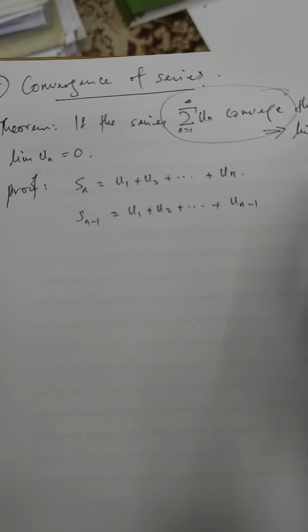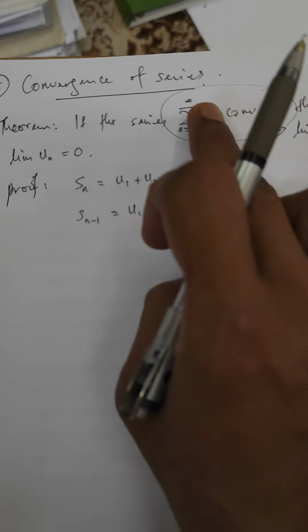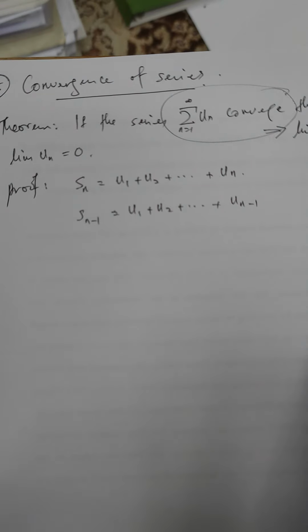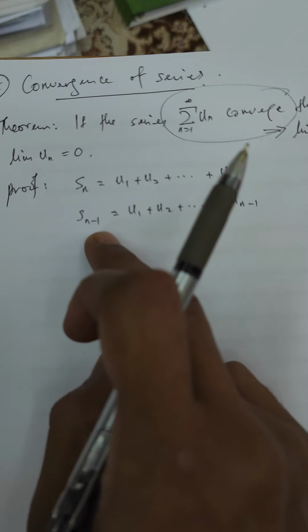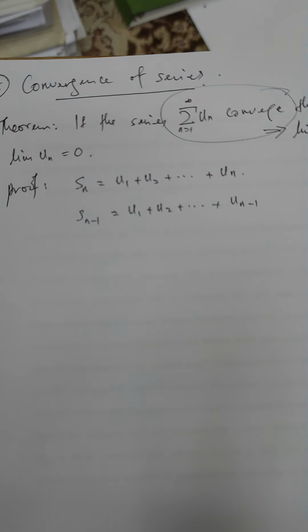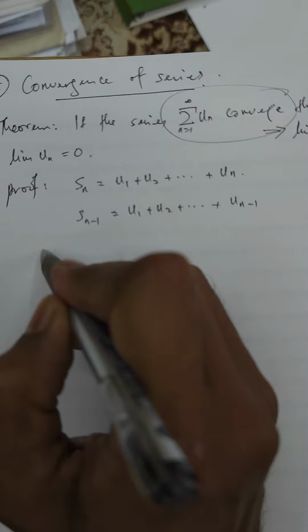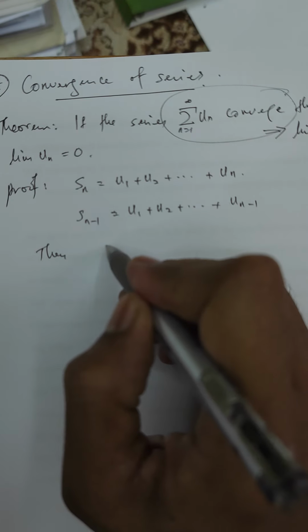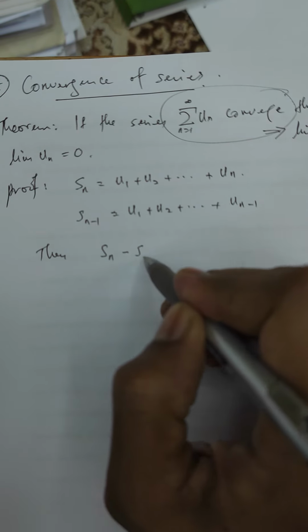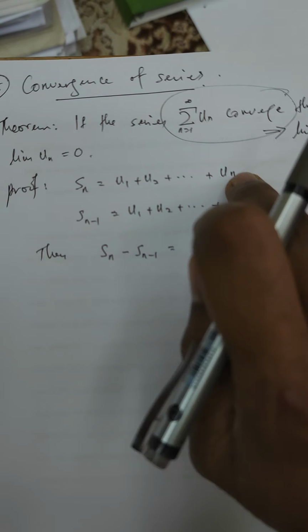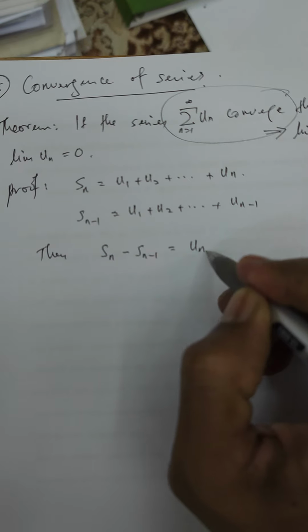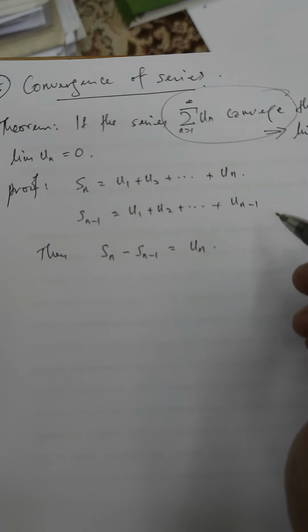If you subtract these two partial sums, we have Sn minus Sn minus 1, where everything cancels out except the last term, so that equals un.